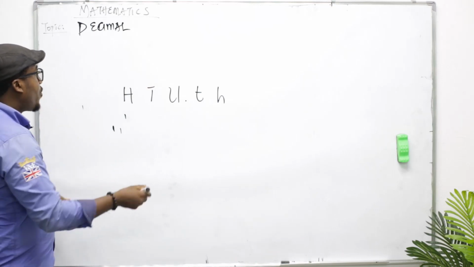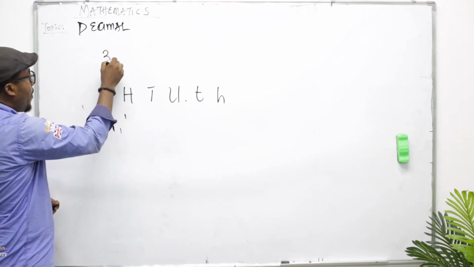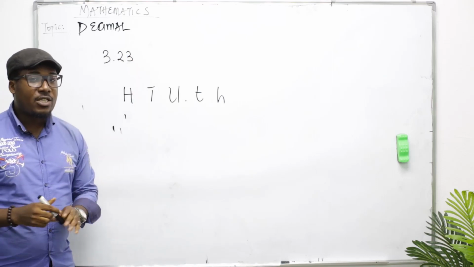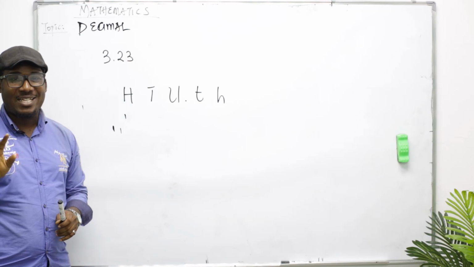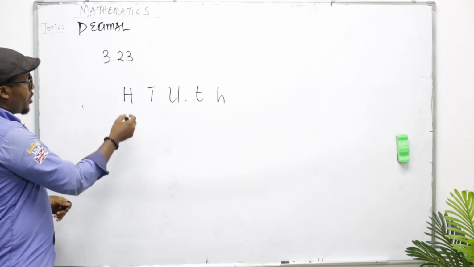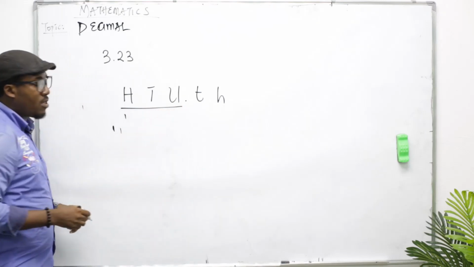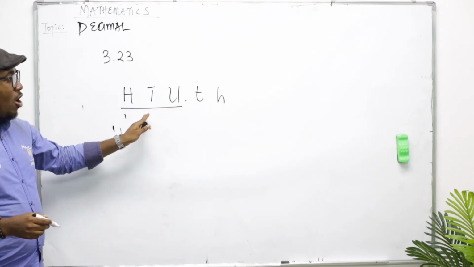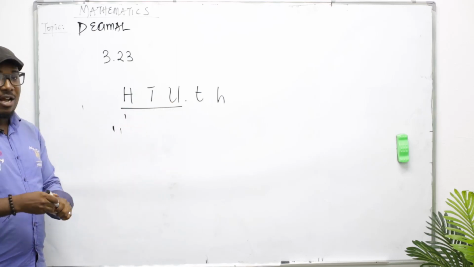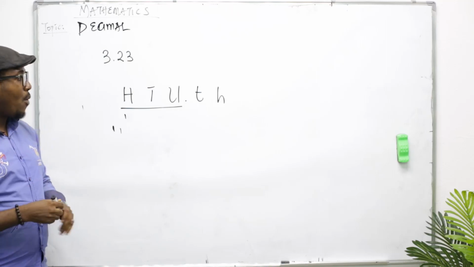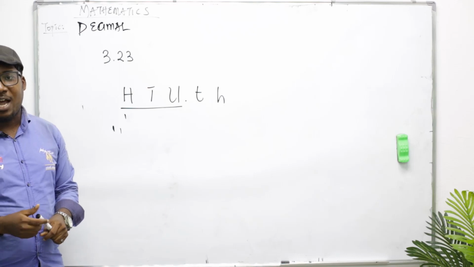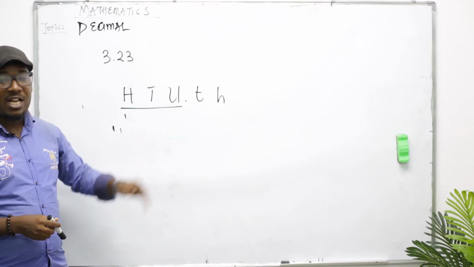Take for example, we have something like 3.23. In this case, we have two different kinds of numbers there. When we talk about place value, the numbers before the point are like capital letters, meaning they are larger numbers. But after the decimal point, they become small letters, which means they are smaller numbers.